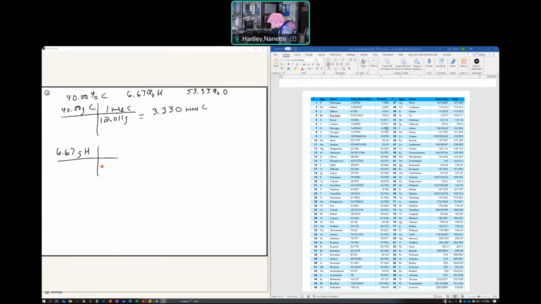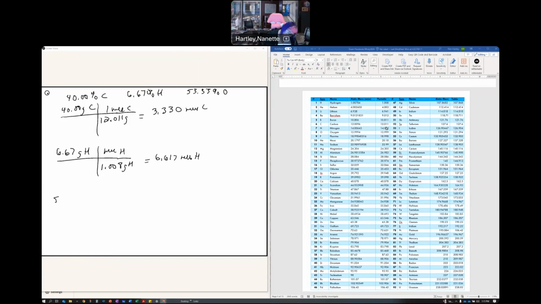And take 6.67 grams of hydrogen. I divide that by the molecular weight, 1.008 grams hydrogen per mole of hydrogen. And it gives me 6.617 moles of hydrogen.